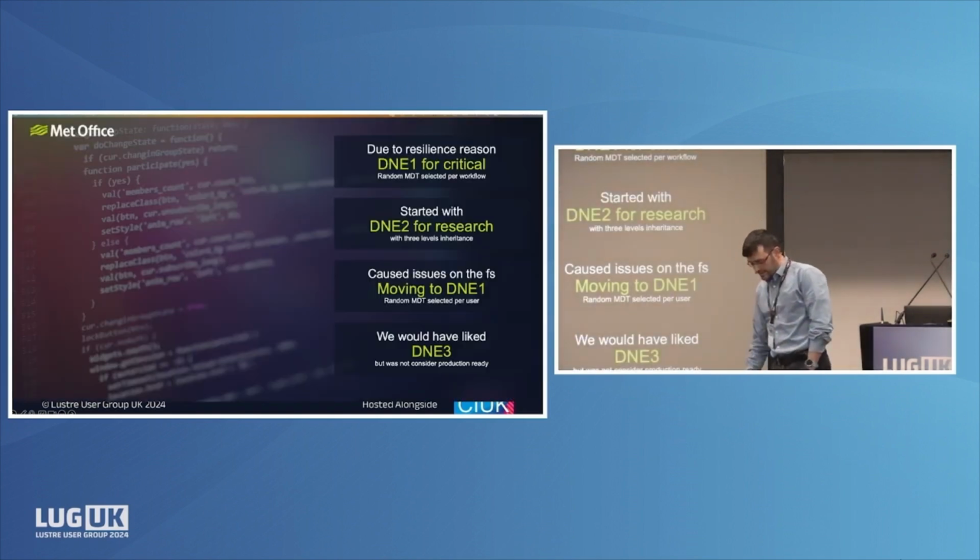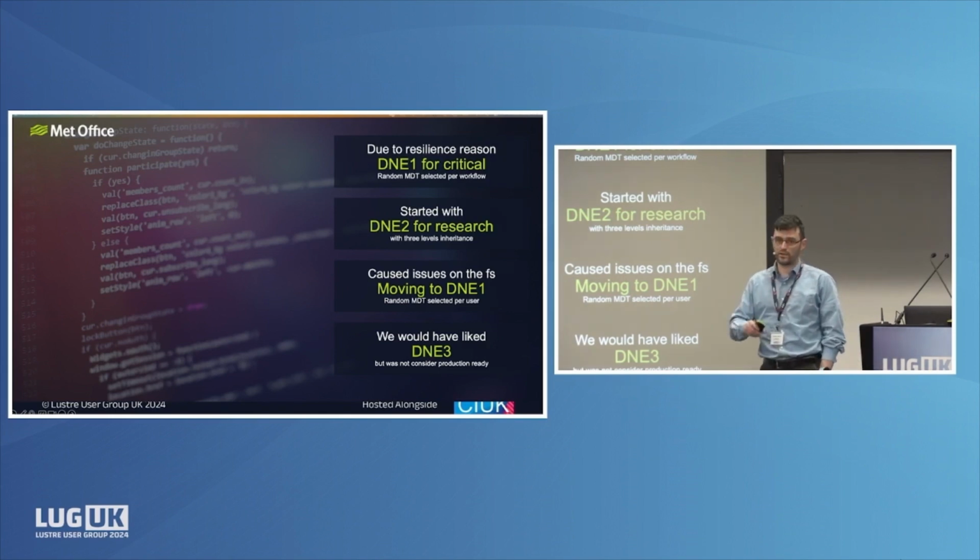One last thing about metadata, which was very important for us. We naturally have multiple metadata servers, multiple metadata targets for each file system. And one thing we did was setting up DNE1 for the critical file system.